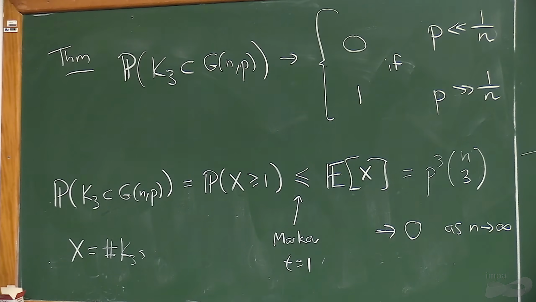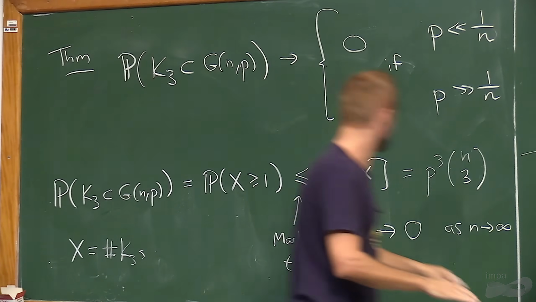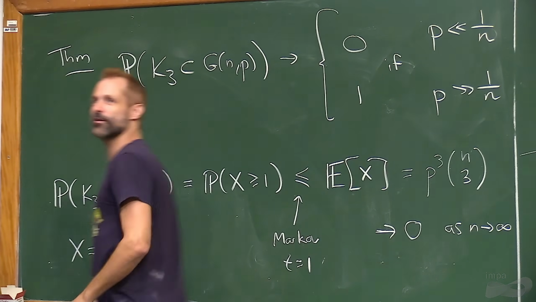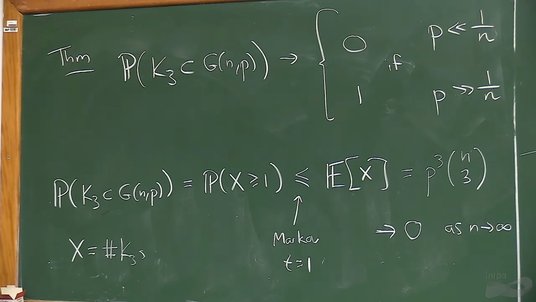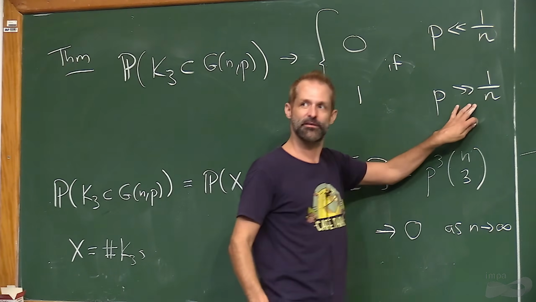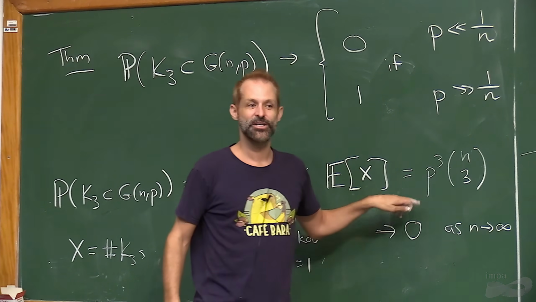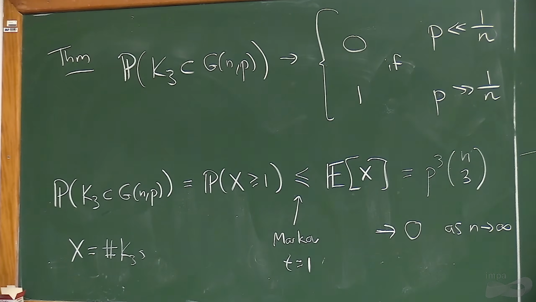Okay. Again, not as much smiling as I was hoping, but we'll see. Okay. Now, how do we prove the second one? So we want to show, if p is much bigger than 1 over n, the expectation of x tends to infinity. So the expected number of triangles is very large.